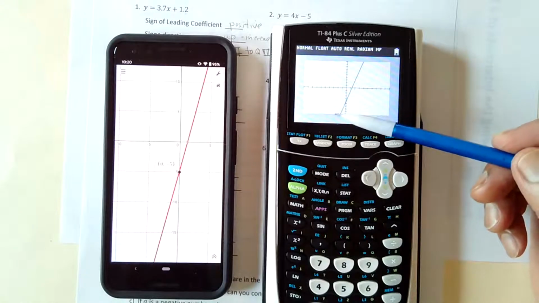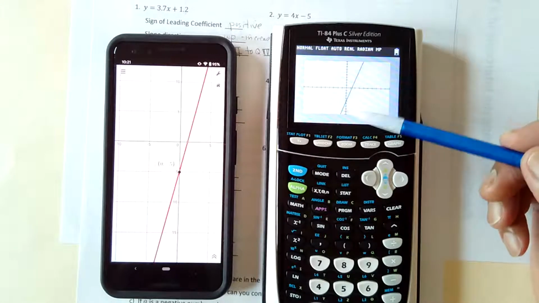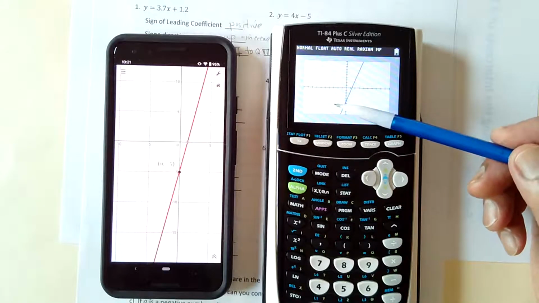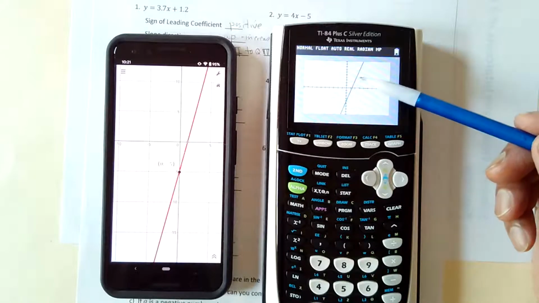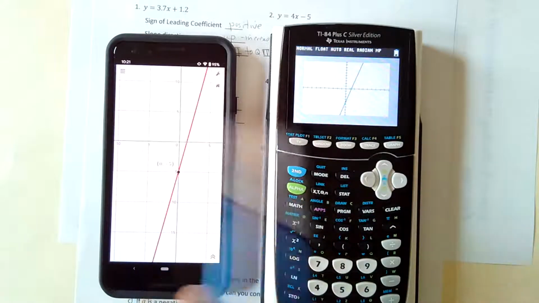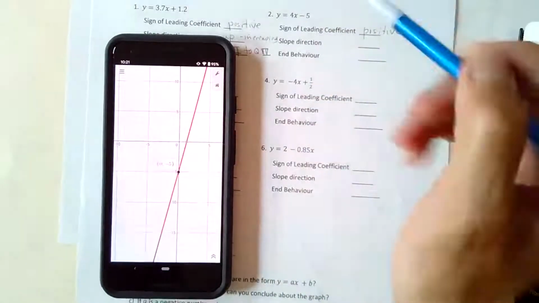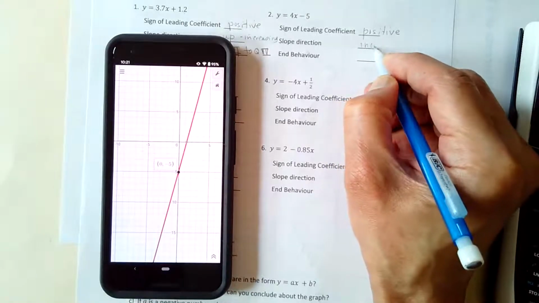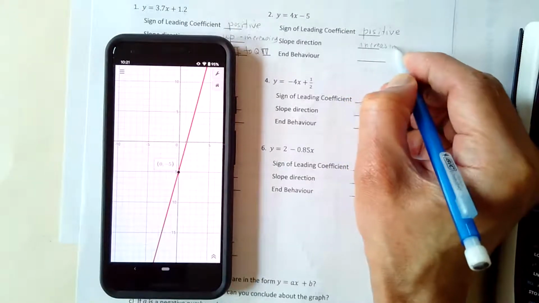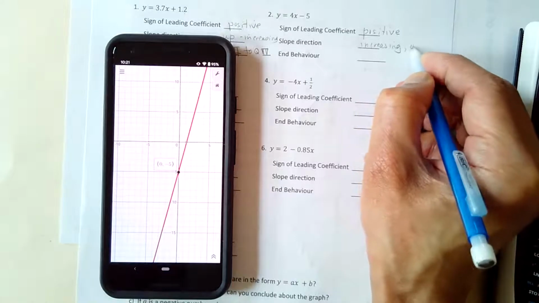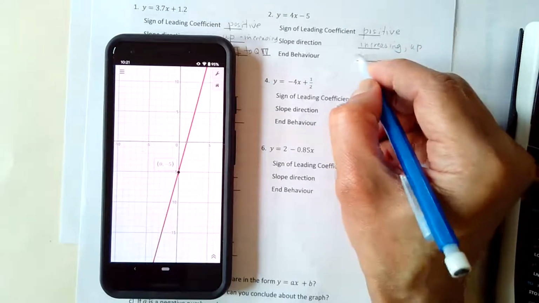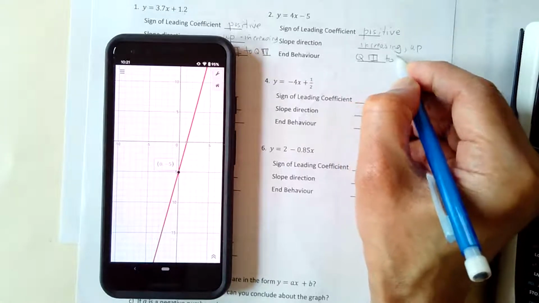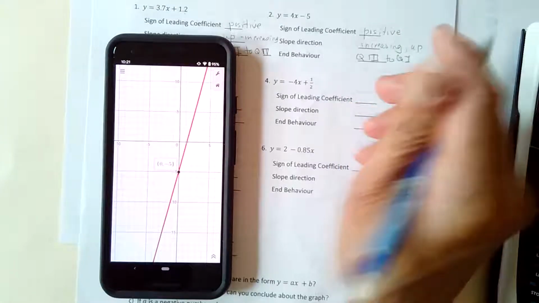So our graph is increasing or going up, and it's from quadrant 3 to quadrant 1. Let's write it. So slope is up or increasing. And the end behavior is from quadrant 3 to quadrant 1.